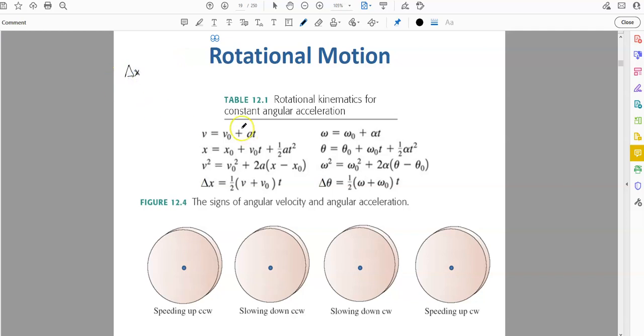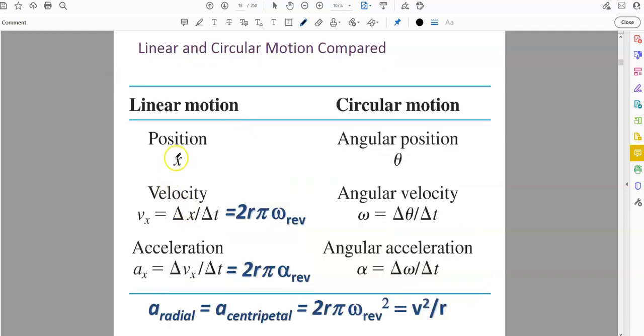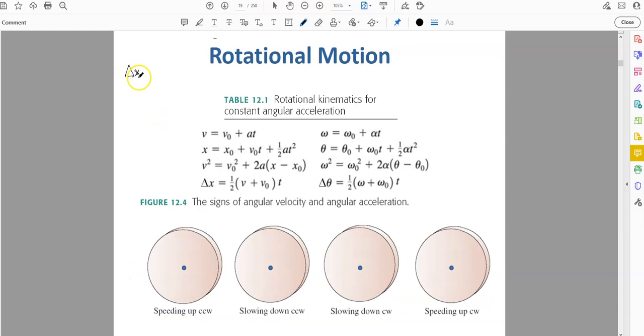From this last page, where there's an x direction, there is now a theta. Where there's a v, there's going to be an omega. And where there's an a, there's going to be an alpha. So the relationship of linear displacement to angular displacement, we're going to use revolutions as our basis for this: number of revolutions times 2 pi r.